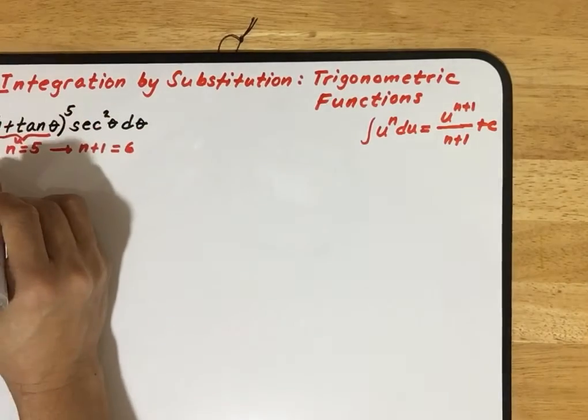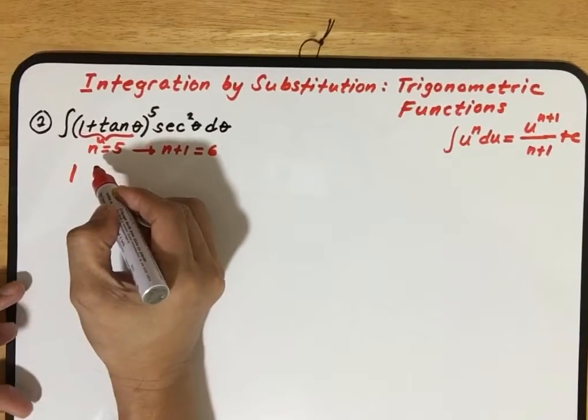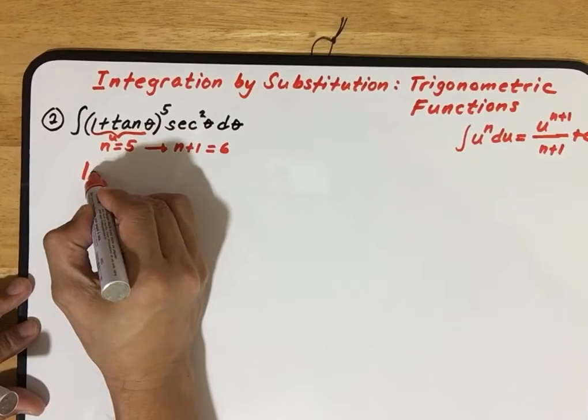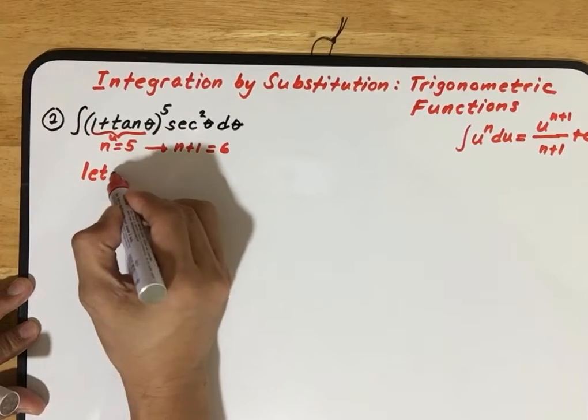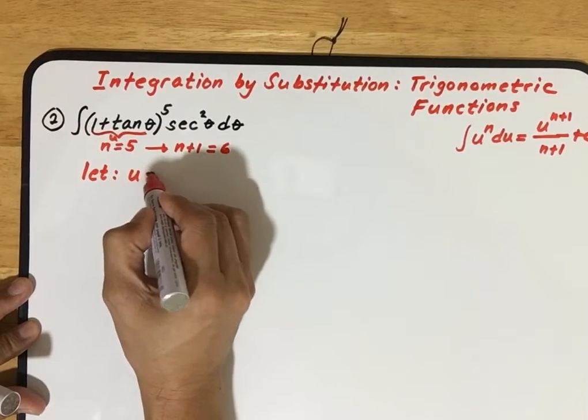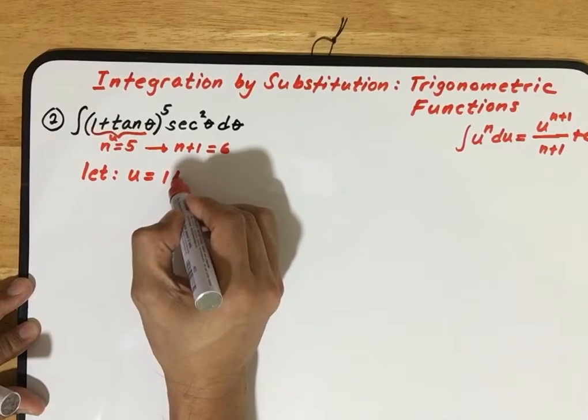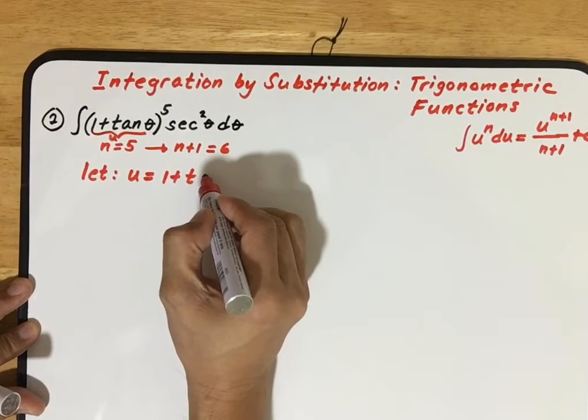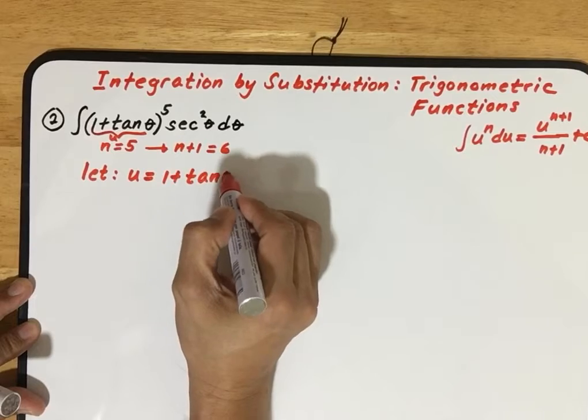So we let u be equal to 1 plus tangent theta.